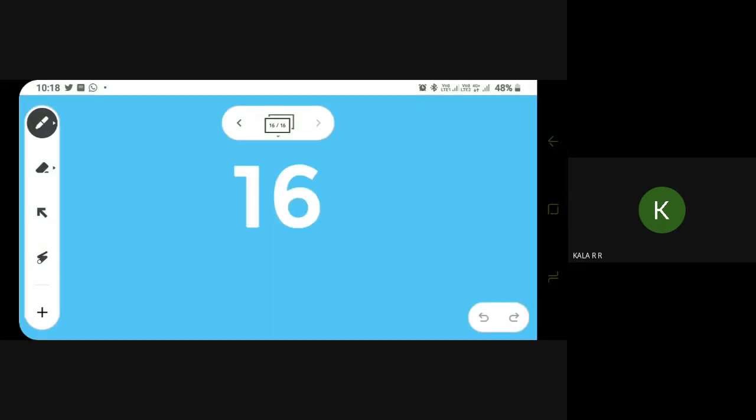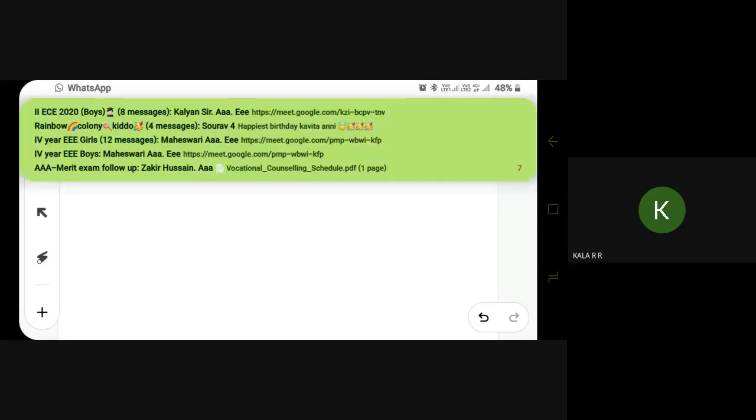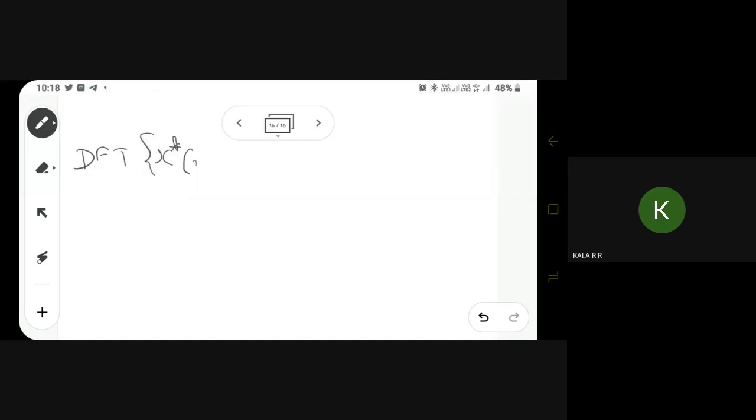So next, what happens? So the DFT of x star of n, okay, this will be equal to, you have to take the conjugate.